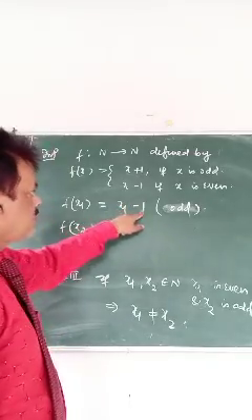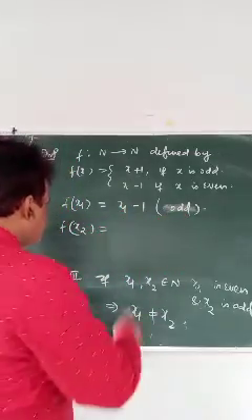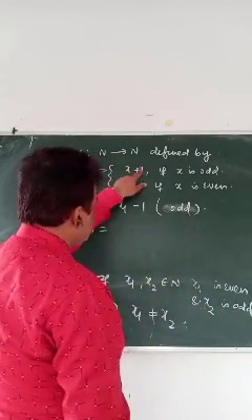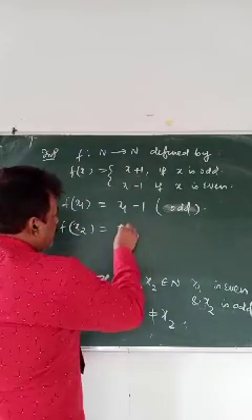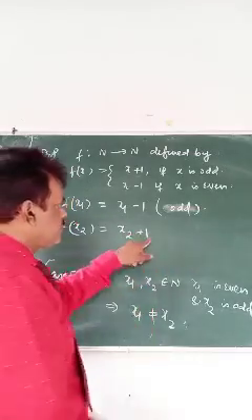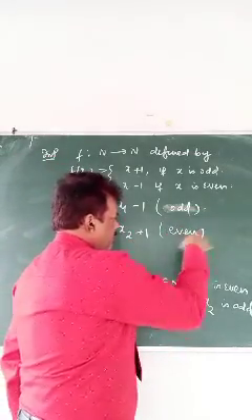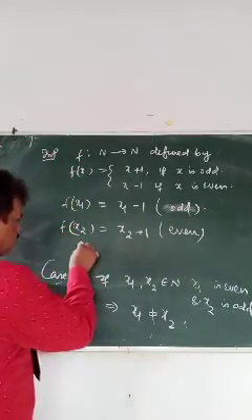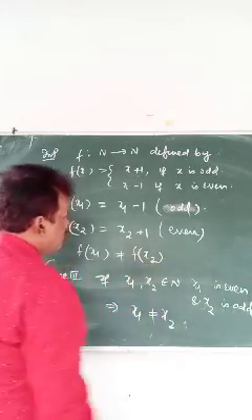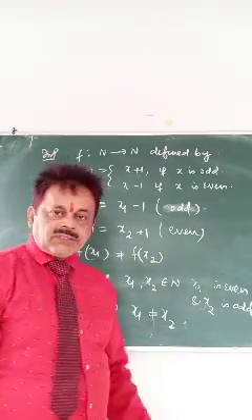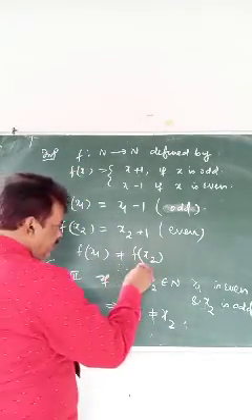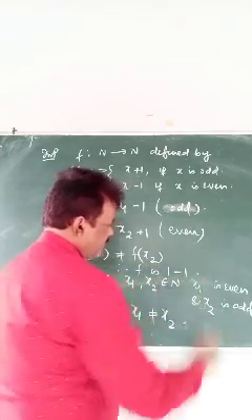The even number minus 1 will be odd. x2 is odd. When x2 is odd, what is the definition? x plus 1. So that will be x2 plus 1. Odd plus 1 will be an even number. So you get f(x1) is not equal to f(x2). You have taken x1 not equal to x2, and you got f(x1) not equal to f(x2). Therefore, f is 1-1.